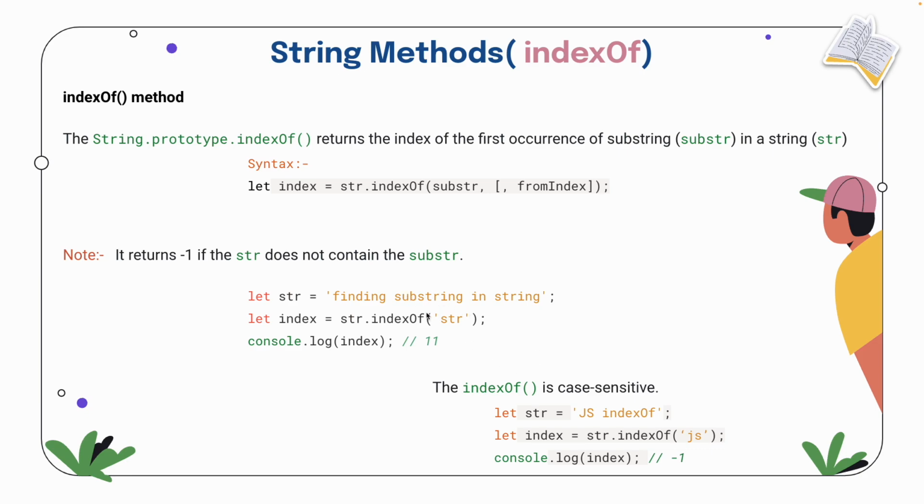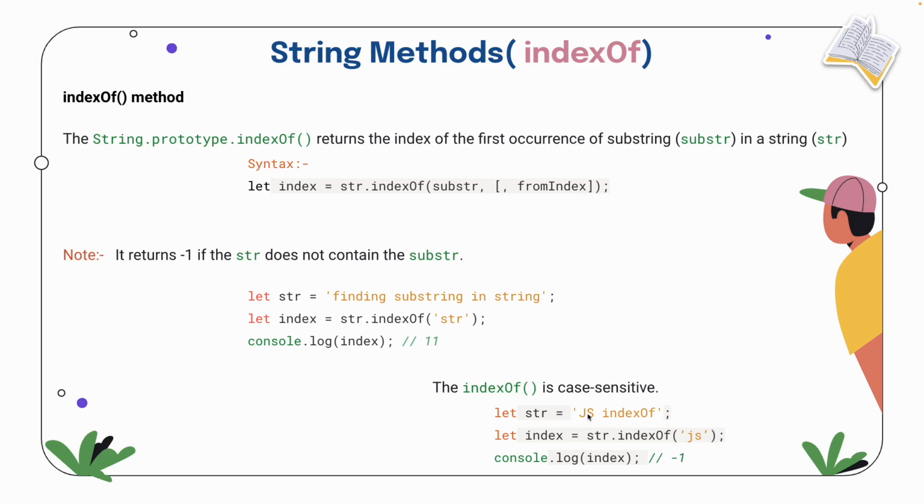And this is also always case sensitive. Case sensitive means if both are str, but you make one letter capital and another a small letter, then it won't match. It won't ignore the case. Like see this example. We have one variable called str. We have JS as capital, and then we are trying to search small js in this string.